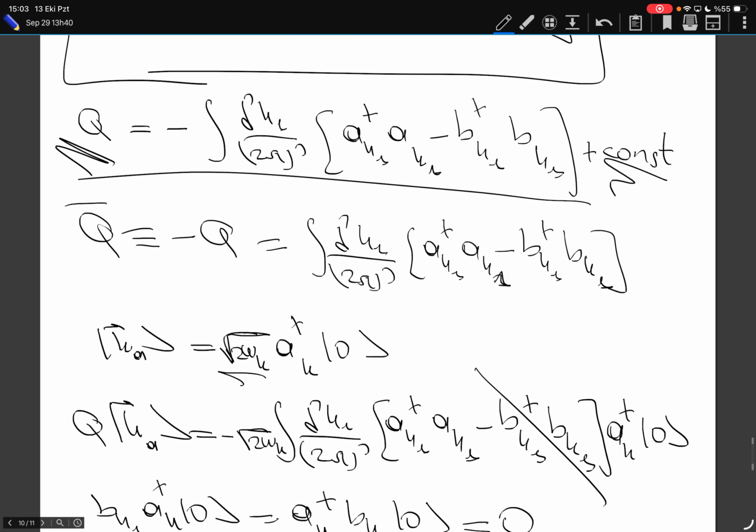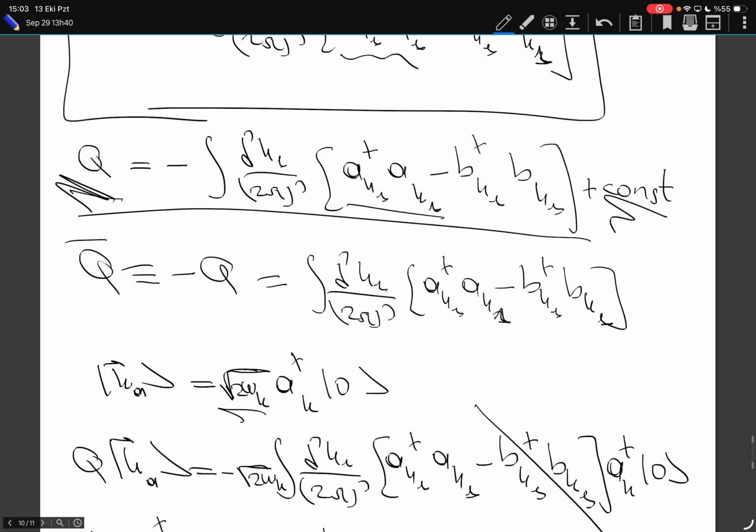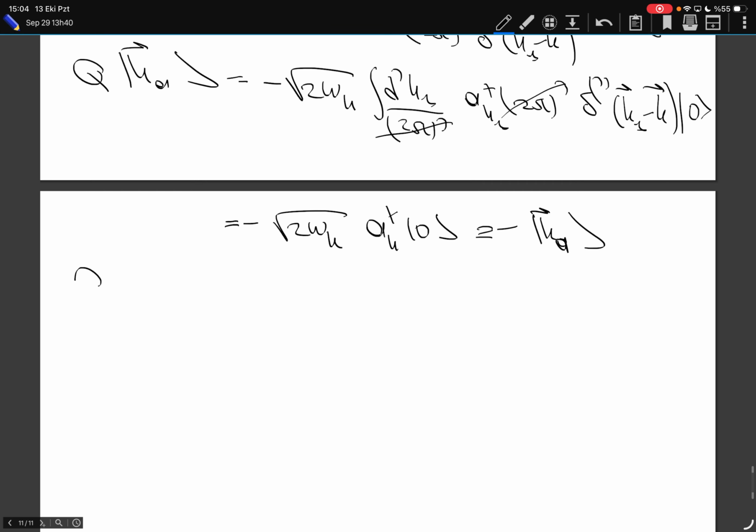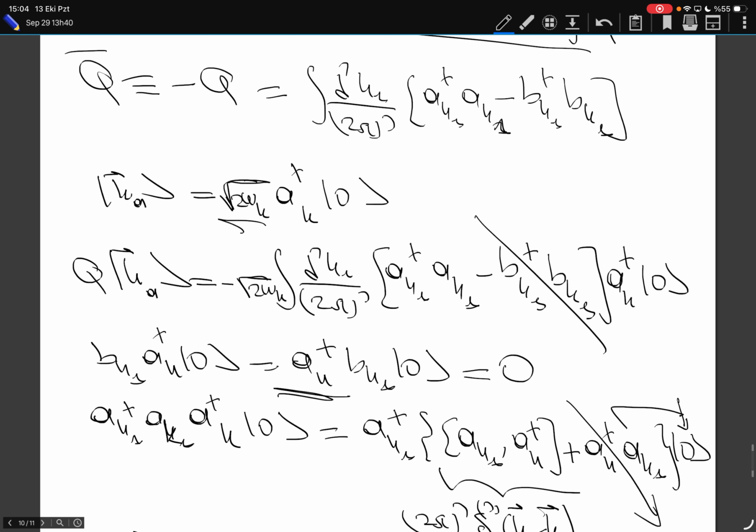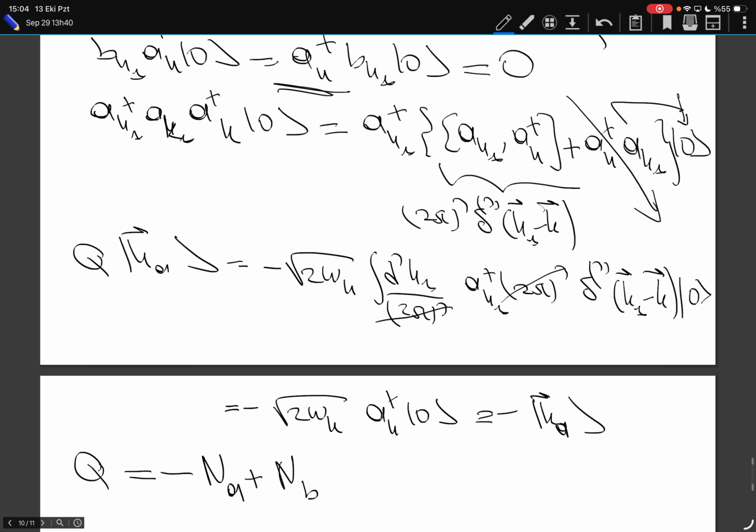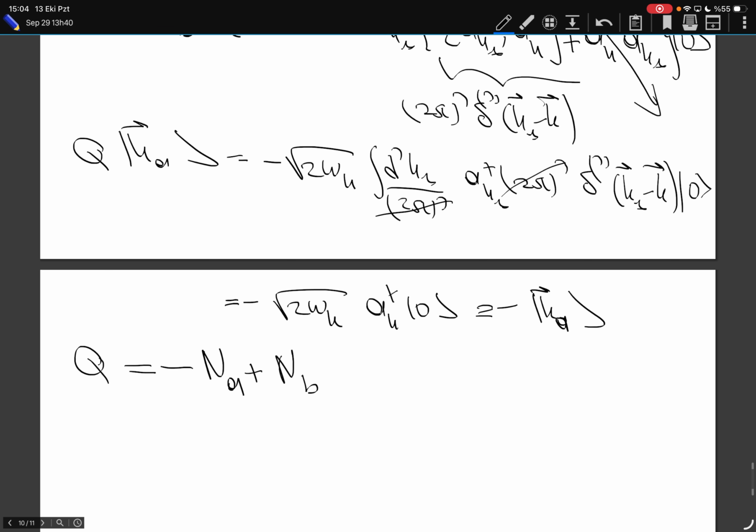Just look at this form of Q. AK dagger A is nothing but the number operator for particles having momenta K1. I'm summing over all K1. So this charge operator is actually minus the number of A particles plus the number of B particles. Yes, this is the number operator of A particles. This is the number operator for B particles. This is my charge operator.